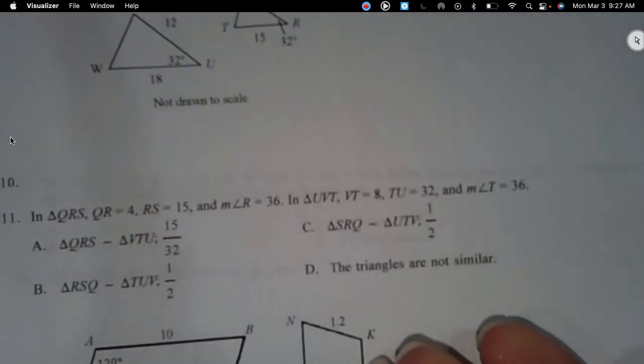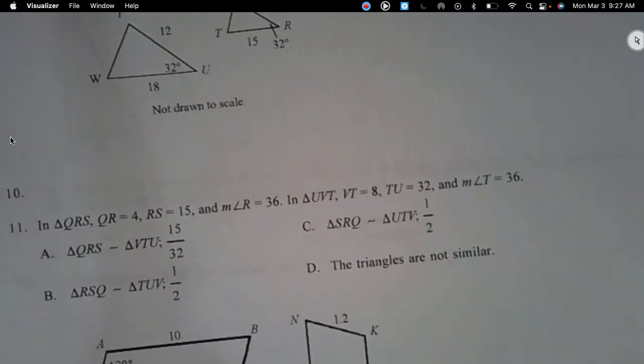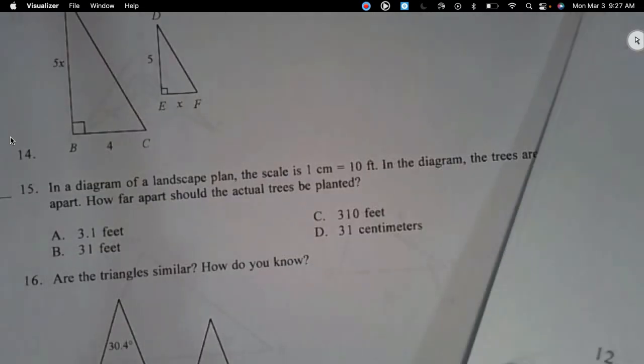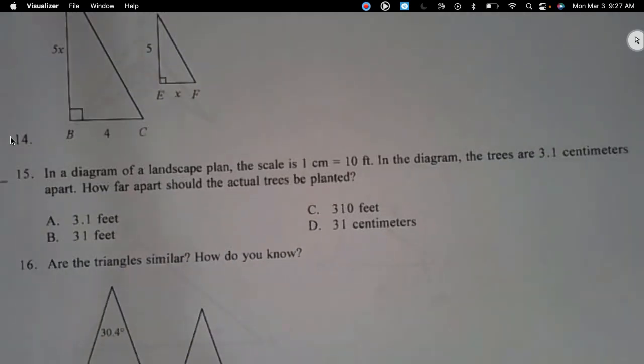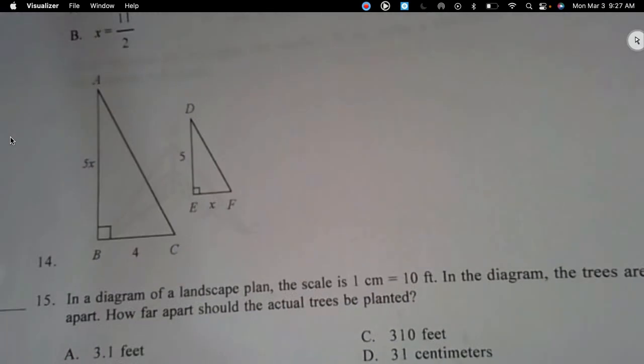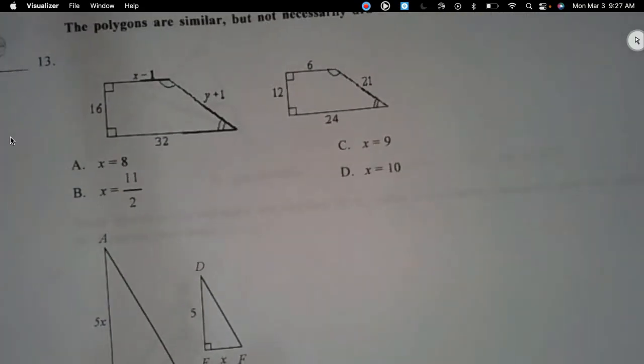My shape is just, I think it's like this one actually. It is. Okay, it's like number 13, but my shape's a little different. So we're gonna skip on down to 13. Everybody good with that?